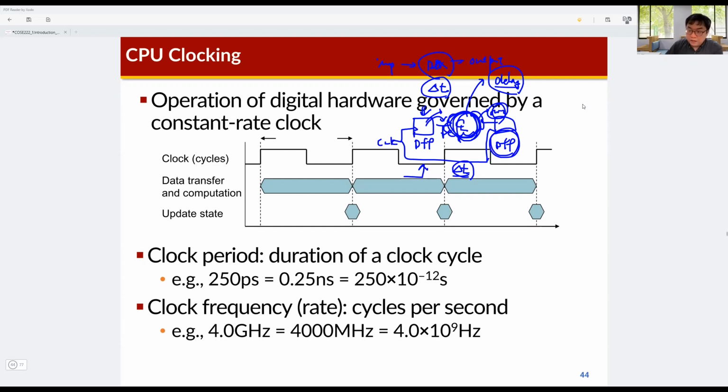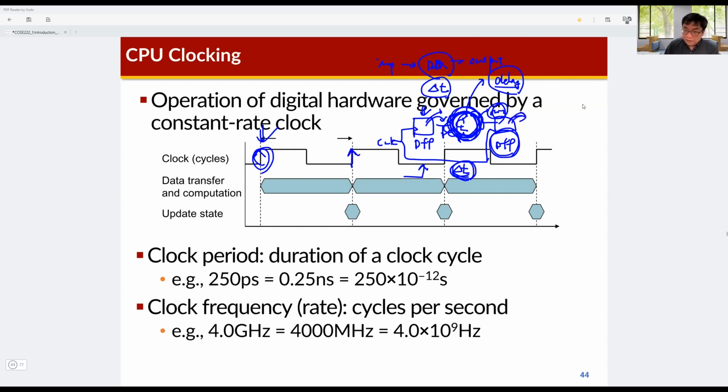That means the delay of this combinational logic, delta t, should be shorter than the period of the clock signal, right? The input signals for the combinational logic are prepared at the rising edge of the clock signal, so the clock signal starts from here, and the output is sampled at the next rising edge of the clock signal by this flip-flop.